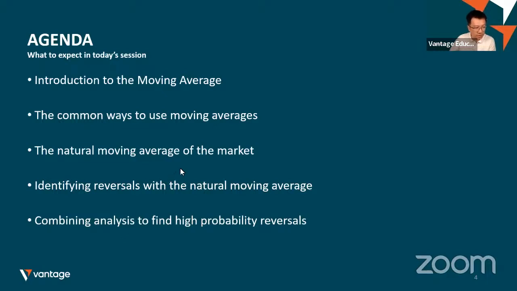Following on from that, we will also be looking at identifying the different reversals with the natural moving average, and lastly, we'll be combining the analysis to find high probability reversals, right?